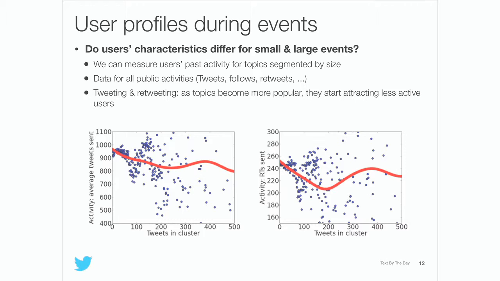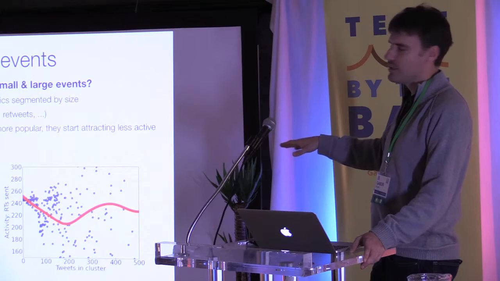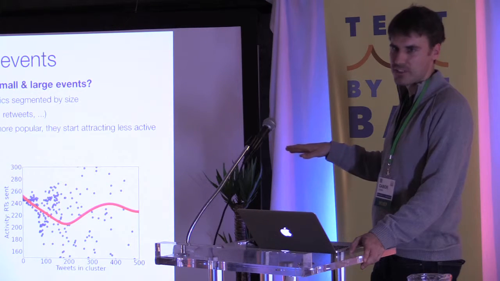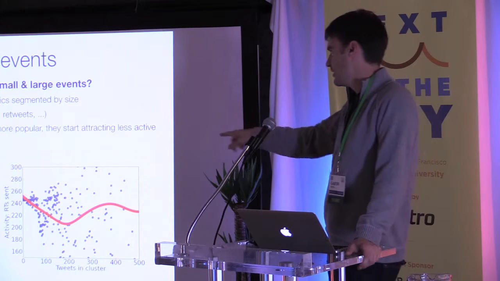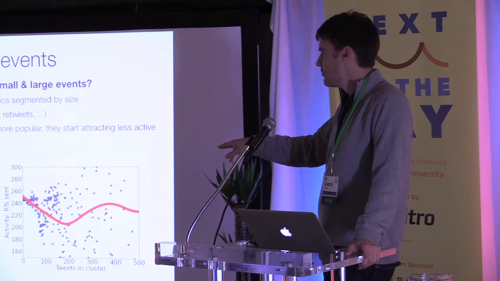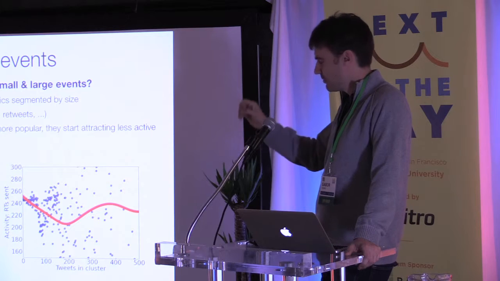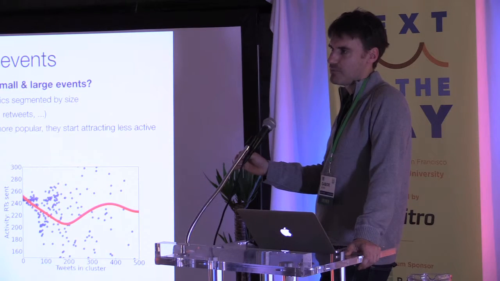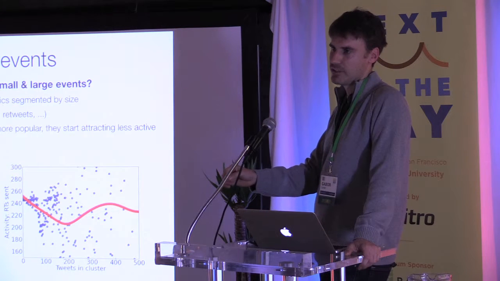In this case, what we did was we took the topics and characterized them with their size, right? So the size would be the importance of that topic, and that's on the horizontal axis. On the vertical axis, for each cluster, we looked at the previous number of tweets sent by the people that talked about that topic.